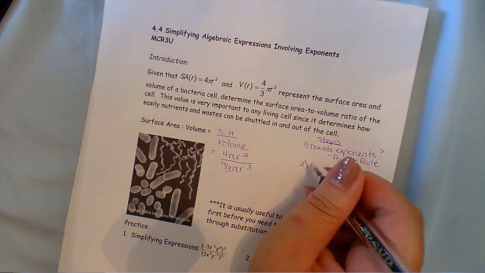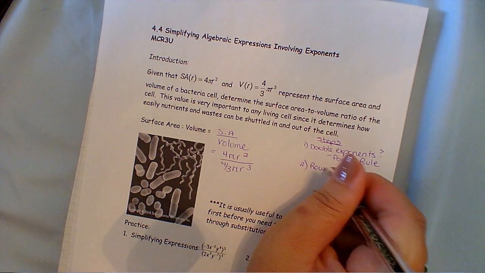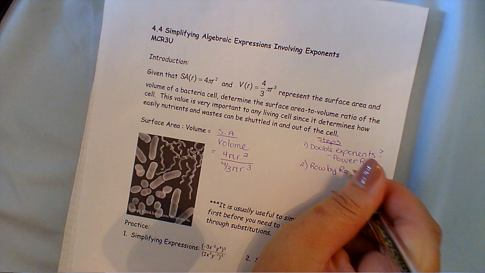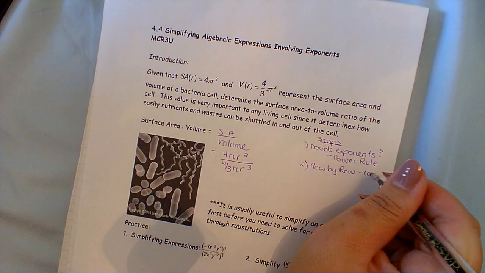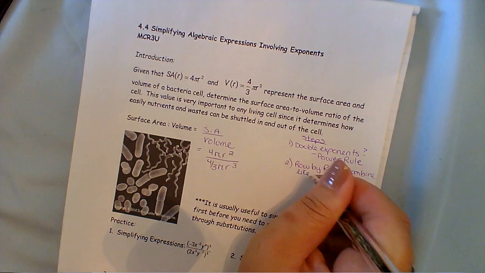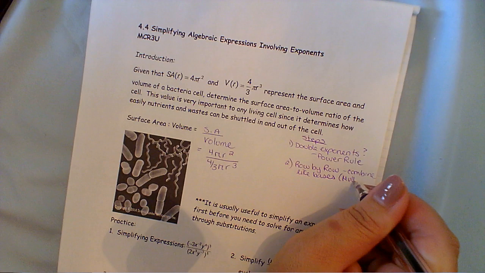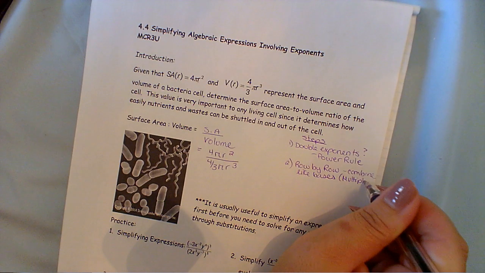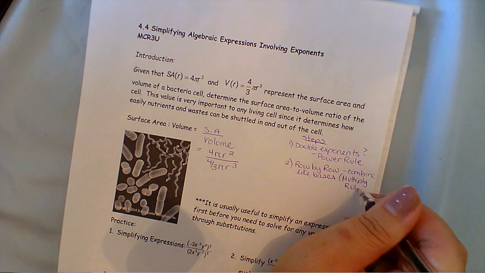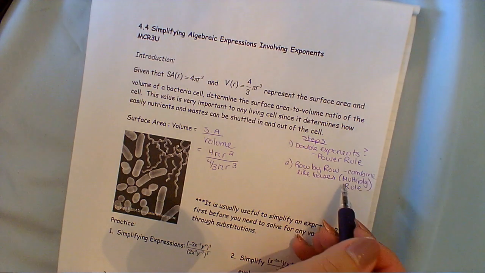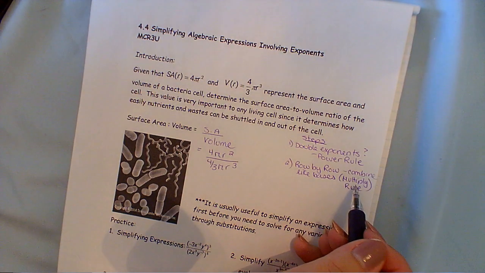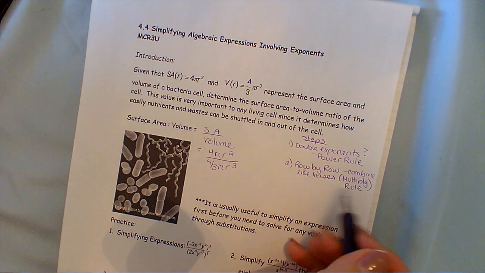Then you're going to look across rows, row by row, and you're going to combine like bases. That means you're multiplying across the row. When you're multiplying and you have the same base, you're going to add the exponents.